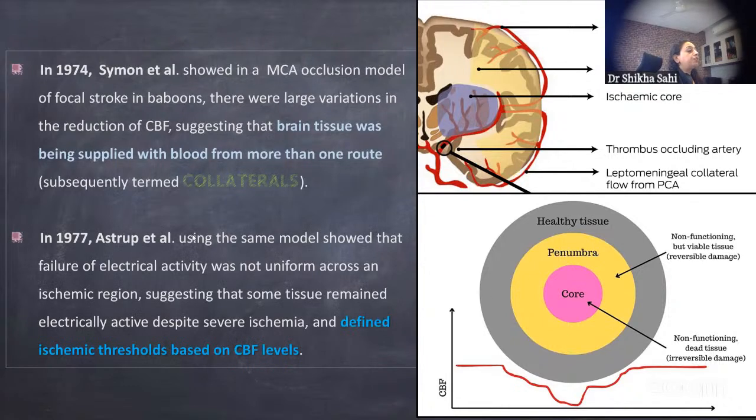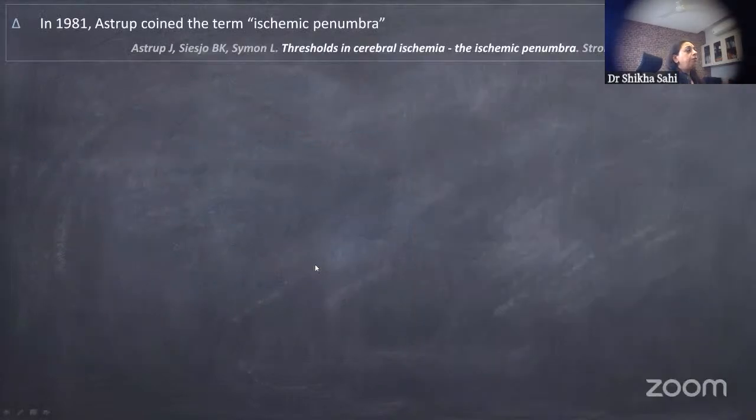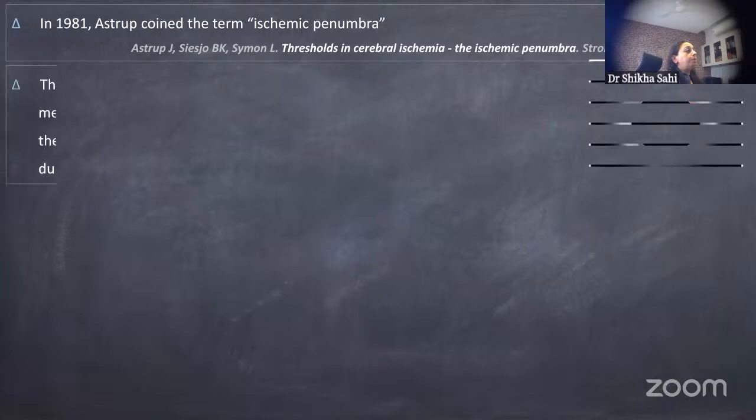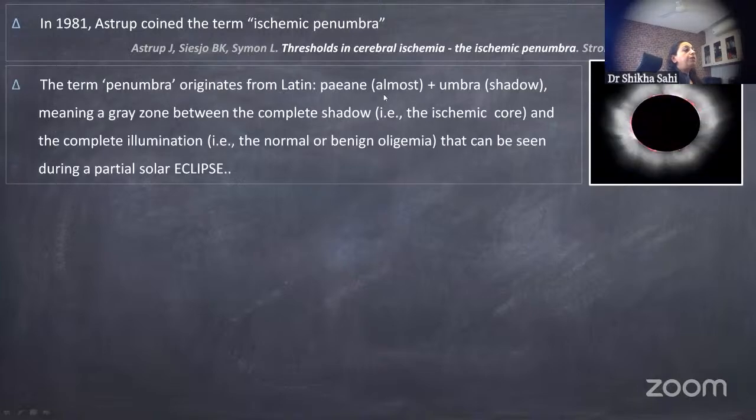Astrup was instrumental in studying these blood flow thresholds, and he compared them with the electrical activity of these regions. He was the first who coined the term penumbra. Penumbra basically means a region which is between the almost dead and the normal region.